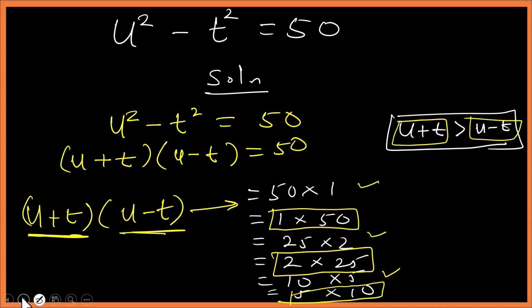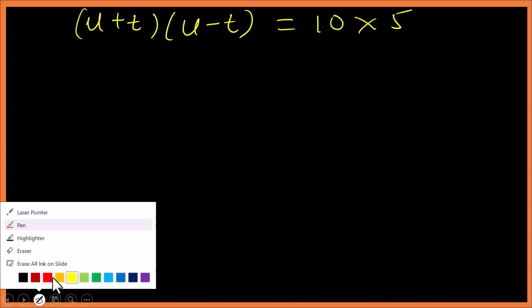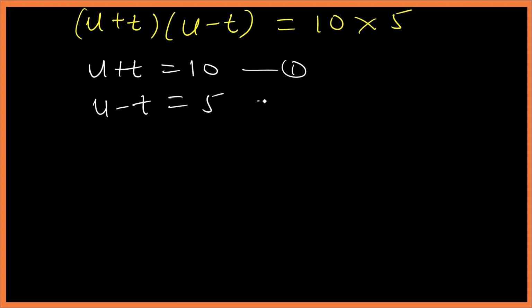So let's equate: (u plus t)(u minus t) equals 10 times 5. So we have u plus t equals 10, equation 1, and u minus t equals 5, equation 2.